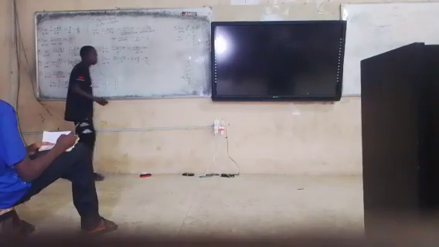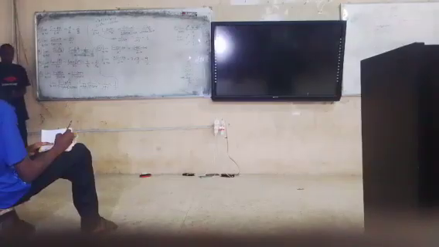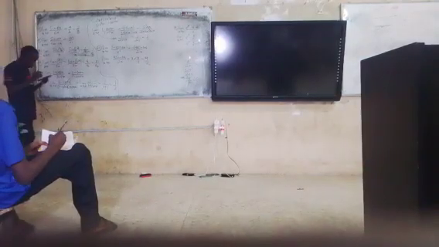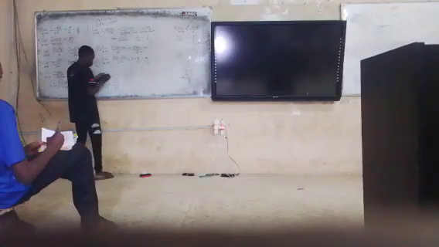Now the next one: limit as x tends to 0 of 1 minus cos 4x over 1 minus cos 6x.